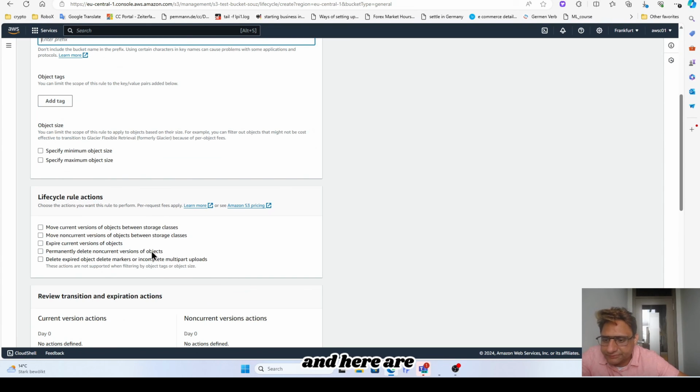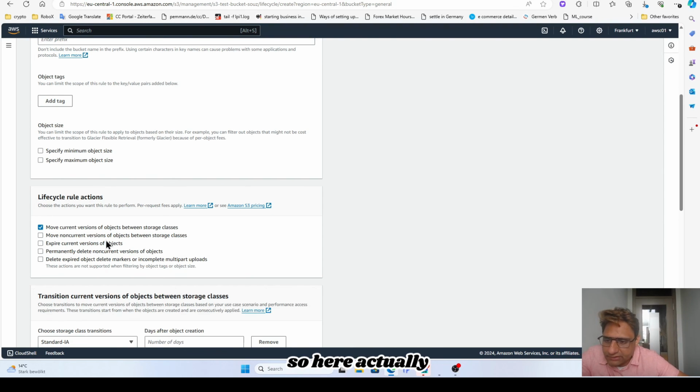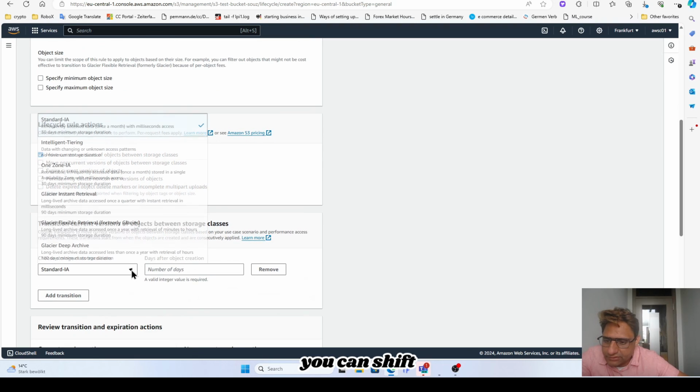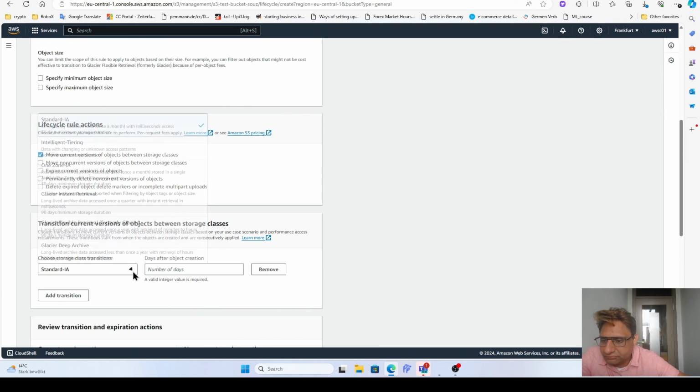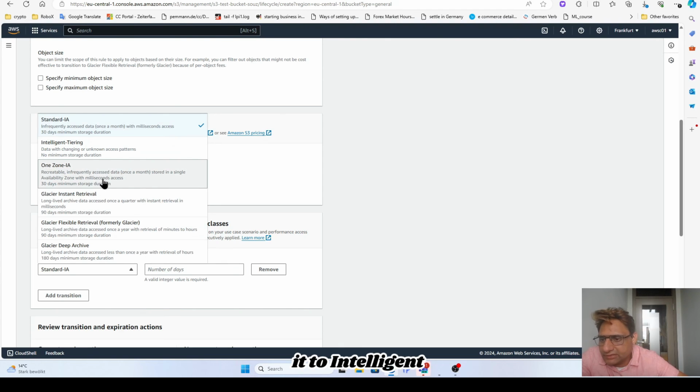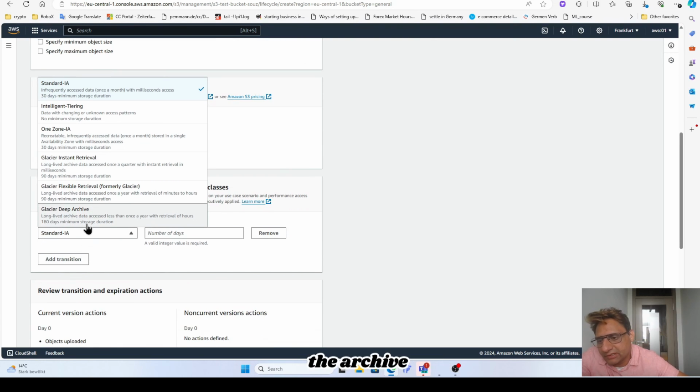And here are some options. Move the current version of objects between storage classes. So here actually you can shift your storage class from standard. You can move it to Intelligent, IA, One Zone IA, Glacier Instant, what we have discussed, Deep Archive.